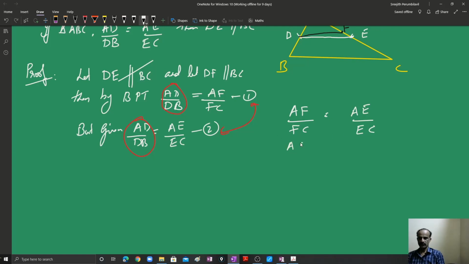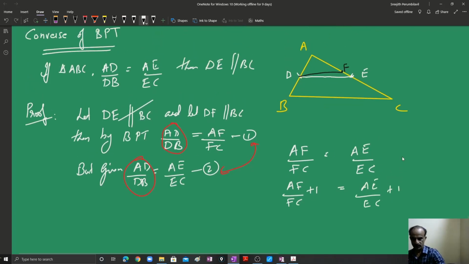I am just adding 1 on both sides: AF by FC plus 1 is equal to AE by EC plus 1. AF plus FC is AC, and AE plus EC is AC. So AC divided by FC is equal to AC divided by EC.